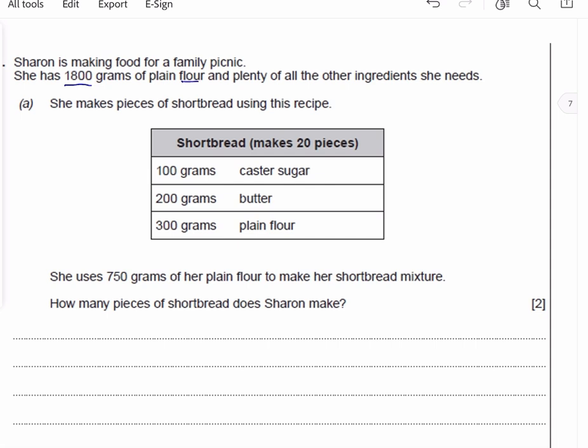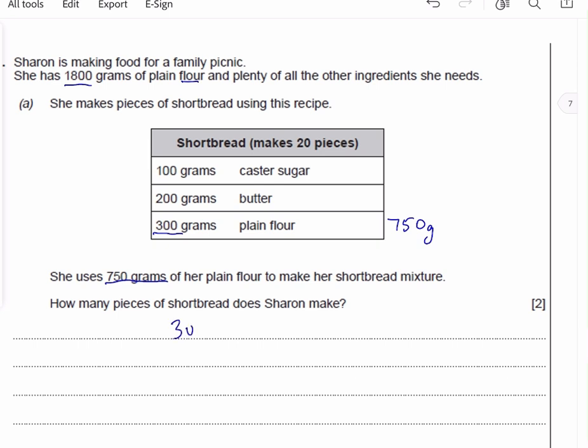She has 1,800 grams of flour and plenty of other ingredients. She makes pieces of shortbread using this recipe. She uses 750 grams of her plain flour to make the shortbread. So how many pieces of shortbread does she make?